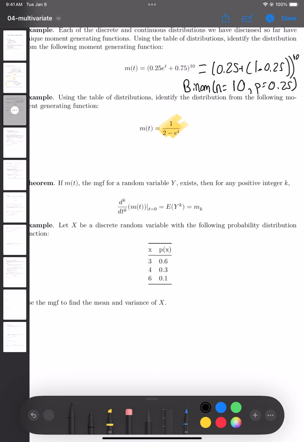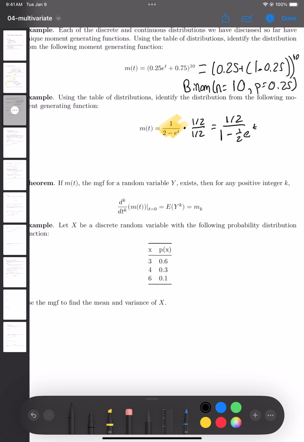But it's not exact. So what I'm going to do here is multiply this moment generating function by 1, by multiplying by 1/2 divided by 1/2, which is equal to 1. That will give me a slightly different form. That now looks a lot closer to the MGF of a geometric random variable.